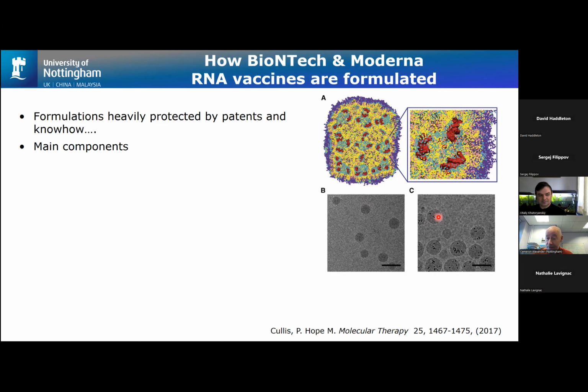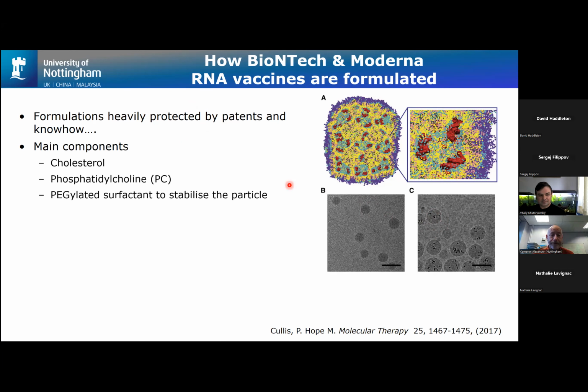And this is what these things look like under an EM. There are a range of common components, cholesterol and so on, phosphatidylcholine, and usually a pegylated surfactant to stabilize the particle. So polymers are really important in our existing vaccines, and people talk about them as lipid nanoparticles, but actually the polymer, the pegylated component, is incredibly important.